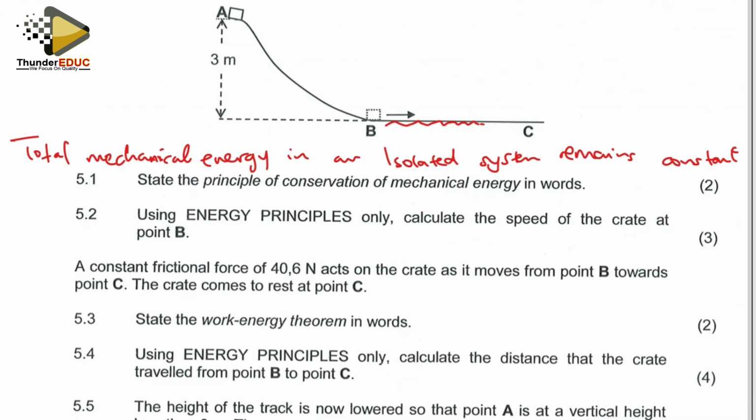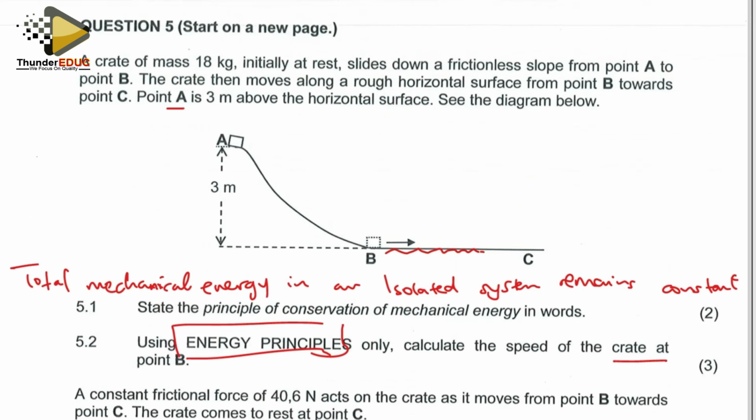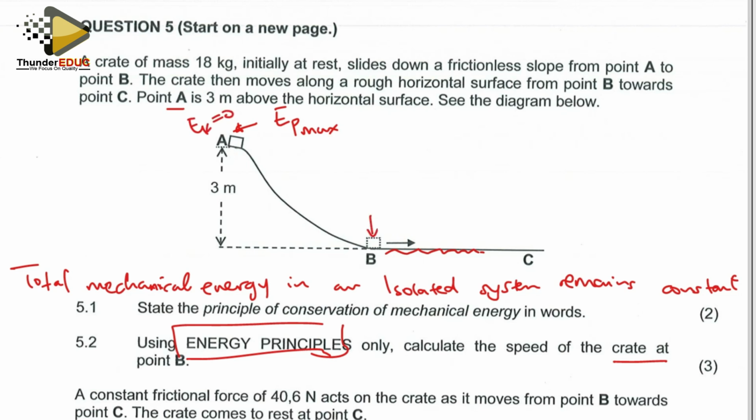And then 5.2, using the energy principles only, calculate the speed of the crate. So energy is conserved. One thing we know is that at point A, when the crate is at rest, it will have EP max and EK is going to be 0. At point B, the lowest, EP is going to be 0, and it will have just EK max. Since we want the speed, we have to use the EK.